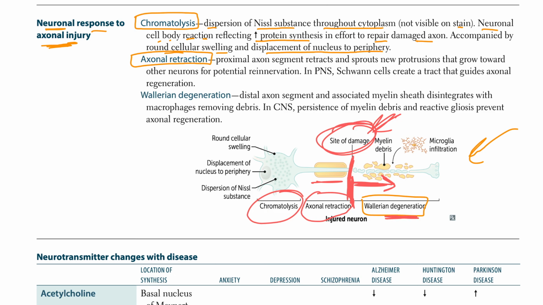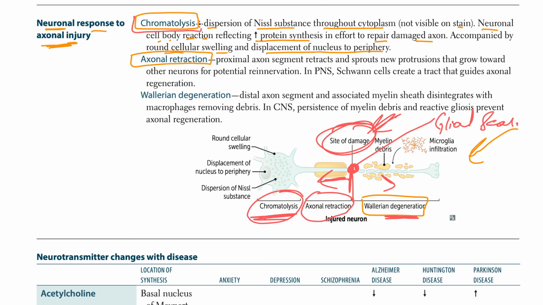At the site of damage itself, you will form something known as a glial scar. We talked about what a glial scar is, and we will talk about that more here. So when you have damage, proximal to the damage you are going to have chromatolysis.